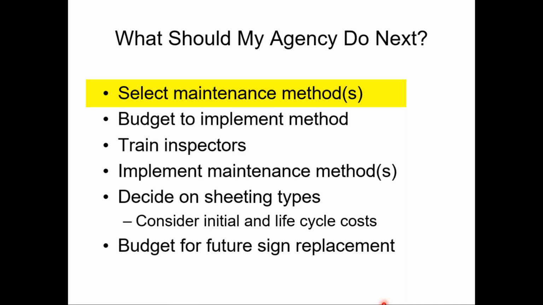Right now, there is no certification, if you will, for inspecting traffic sign retro, but a course like this would qualify someone to be called a trained inspector. Then implement the maintenance methods. Decide on the sheeting types, considering the initial and the life cycle costs, and then budget for future sign replacement.